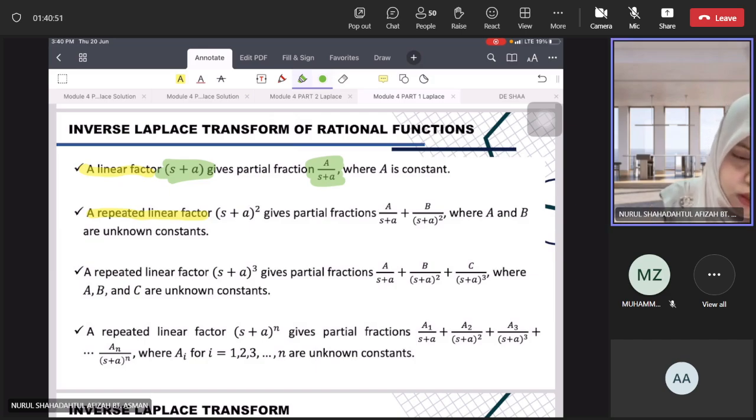Then repeated linear factor is the same thing. So A over s plus a, and then continue with s plus a squared, and then the third power of the linear factor, s plus a cubed. So this one around this repeated linear factor, which is s plus a with exponent n. So I have plus this one, An over (s plus a) to the n.